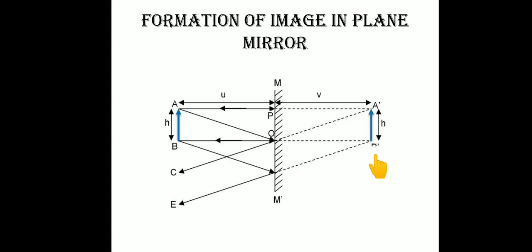And the distance between mirror and object and mirror and image is equal. Is it clear? One thing, always remember, the image which will form in plane mirror is laterally inverted.